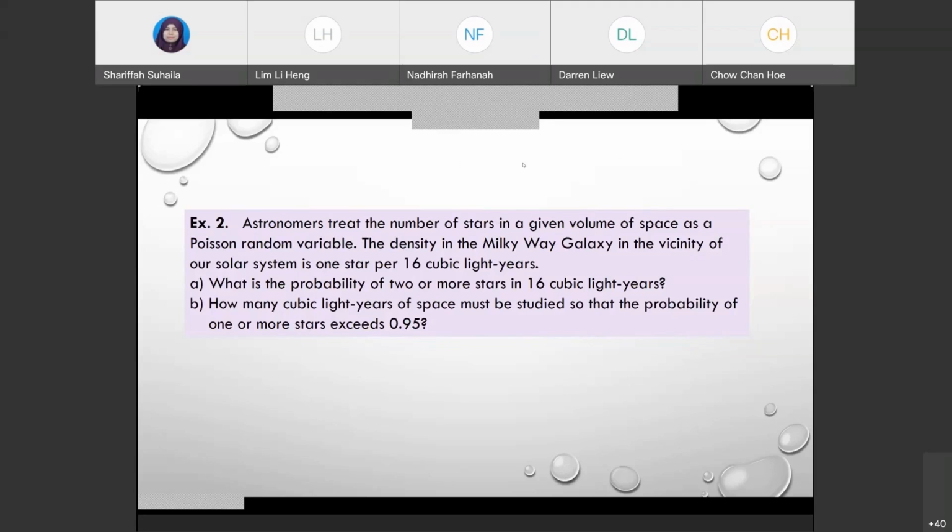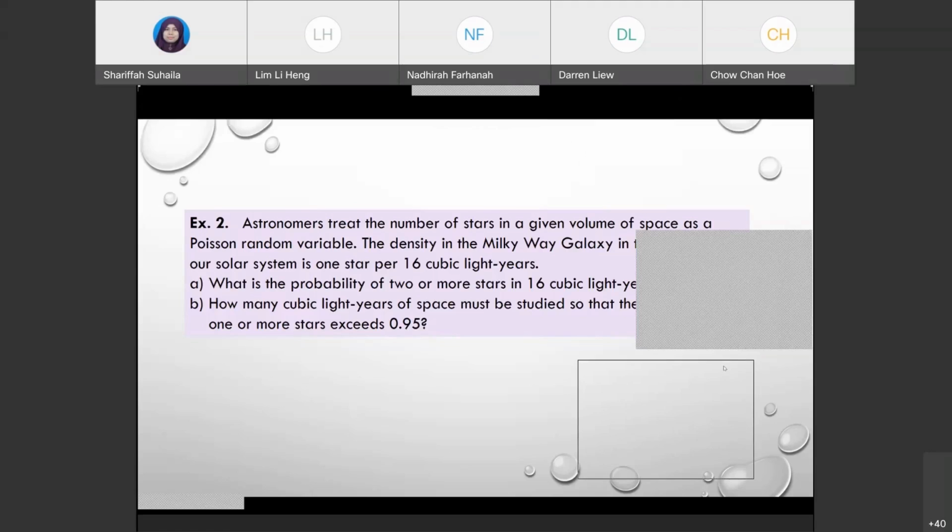Which one is your lambda? Is it lambda is equals to 1 or lambda is equals to 16? Okay, lazy say lambda is equals to 1.